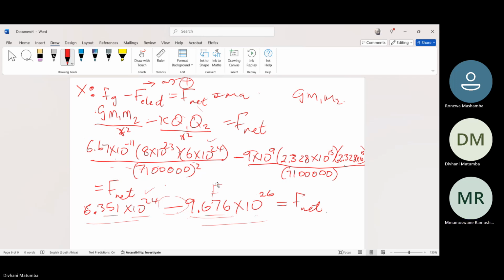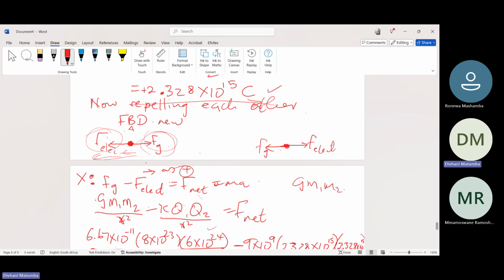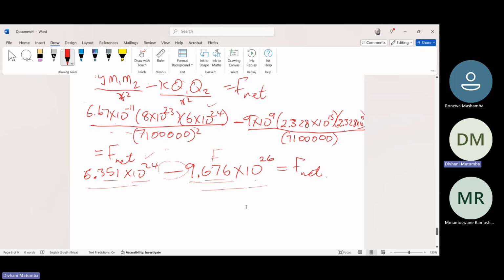Okay, so if we go back to our diagram, do you agree that the net force will be going in that direction? Let's find the F net, then we'll see.